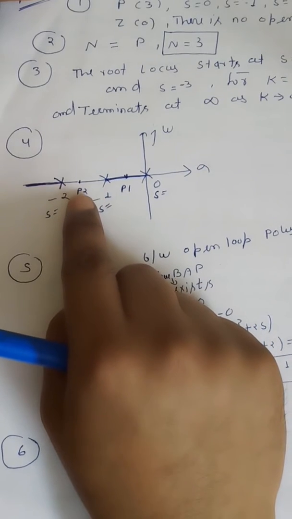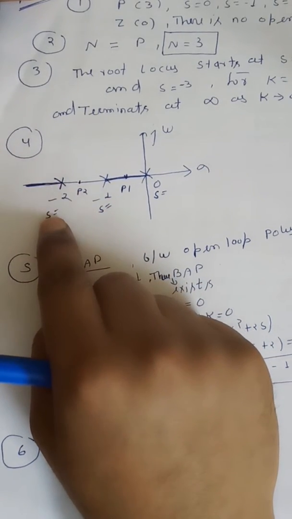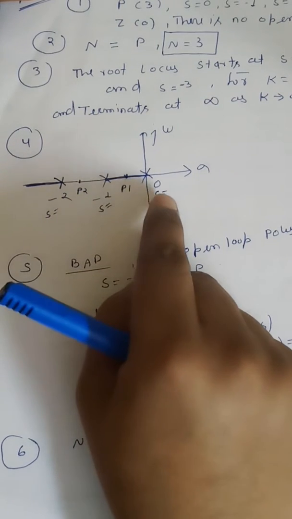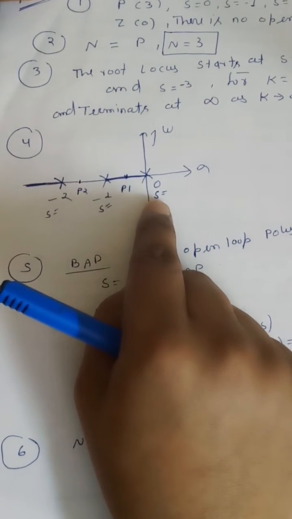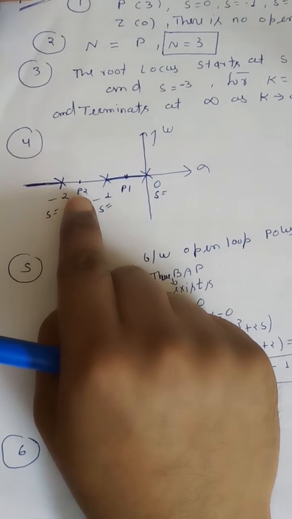Now consider point P2 between s equal to -1 and s equal to -2. Let us calculate total number of open loop poles and open loop zeros to the right of point P2. We have two poles for the system. It is an even number, so we can say point P2 will not lie on the root locus on the real axis.